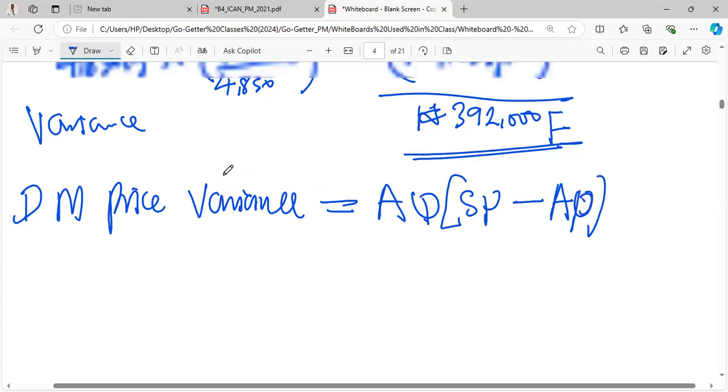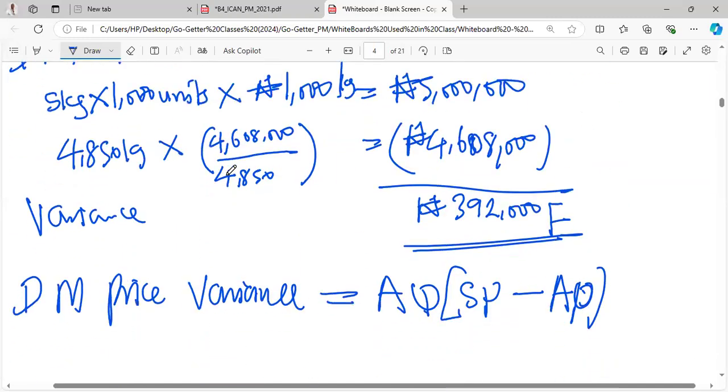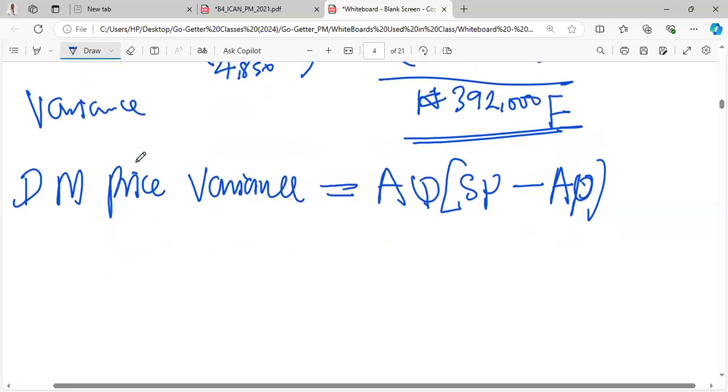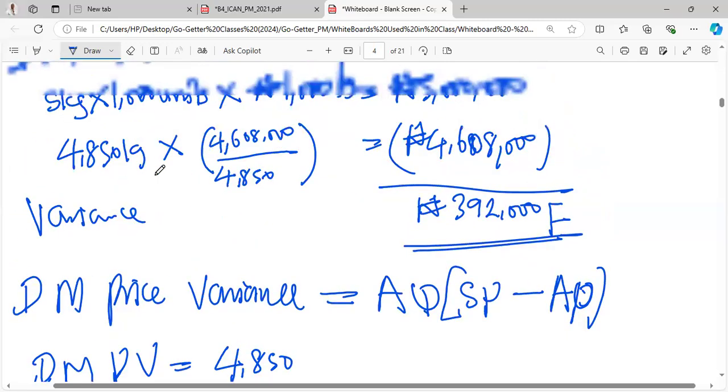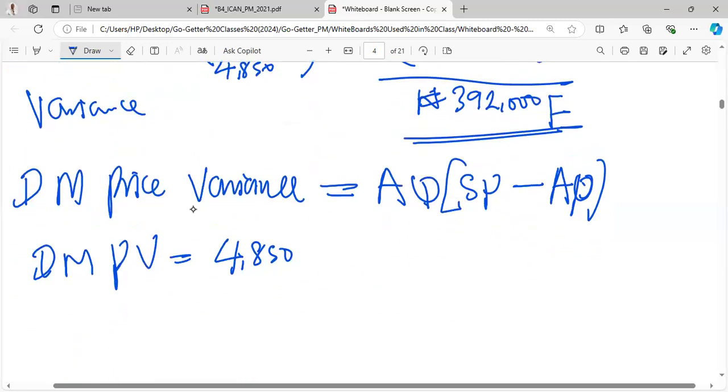So what is the actual quantity produced? Actual quantity is 4,800. That is the actual quantity of materials. So I will come here and I will say direct material price variance is 4,850 kg.